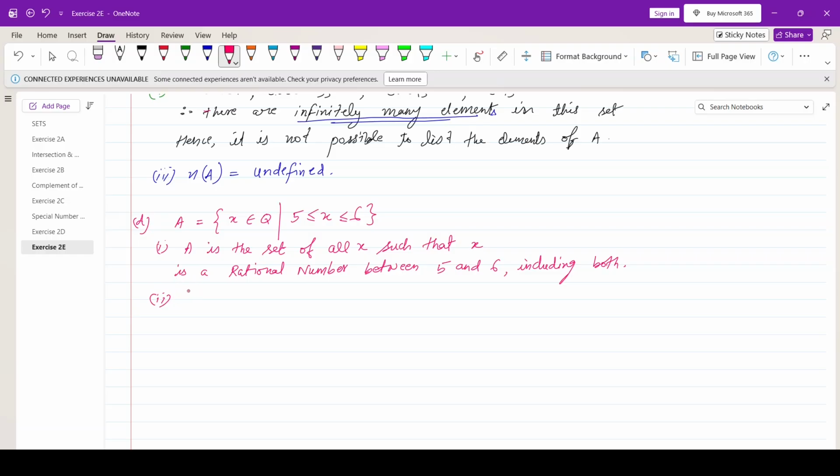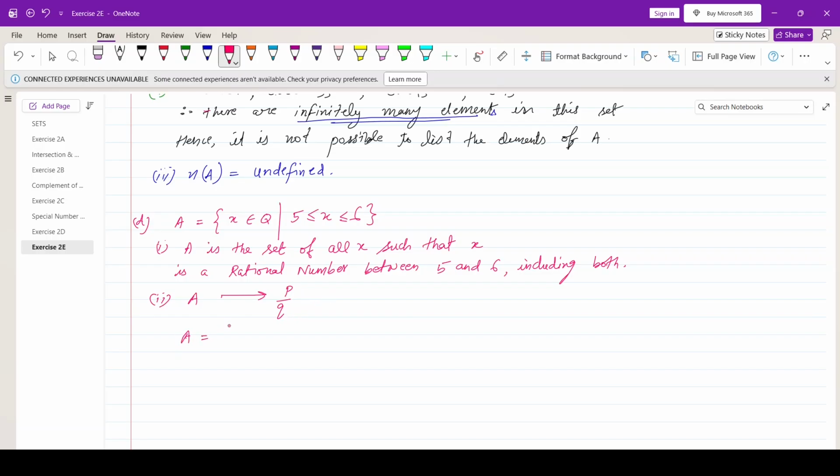Now, the elements of A are of the form P by Q, where P and Q both are integers.